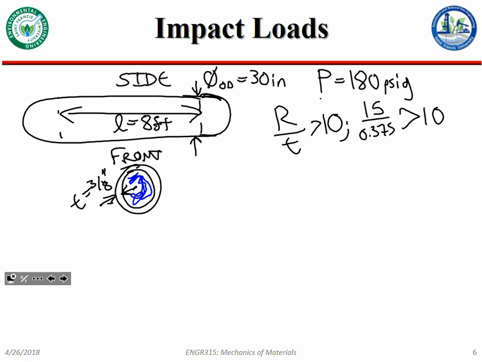All right. So this is a thin wall pressure vessel. We can analyze it now. So what are the ways that this thing could break? Like the radial pressure, hoop stress thing.